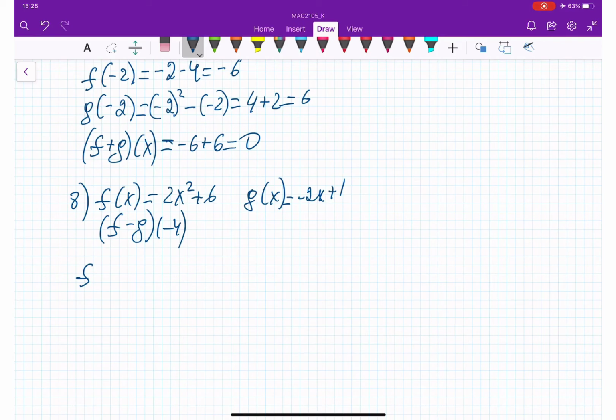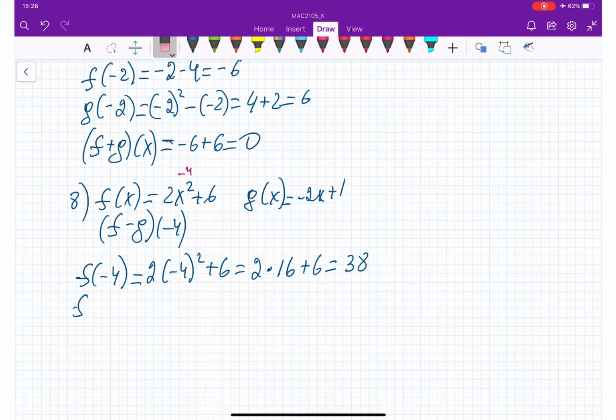Okay, so what do we get? f of -4 is equal to -4 squared plus 6. So I'm plugging -4 right here where x is. And we are getting -4 squared is 16, plus 6. 2 times 16 is 32, and plus 6 is 38.